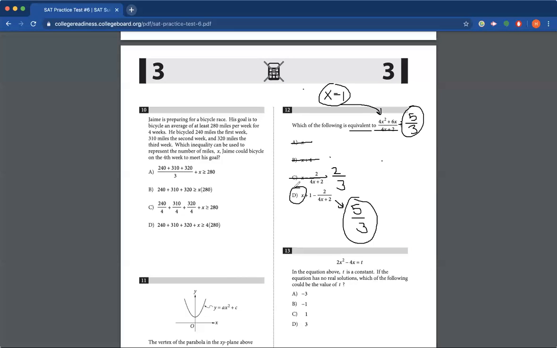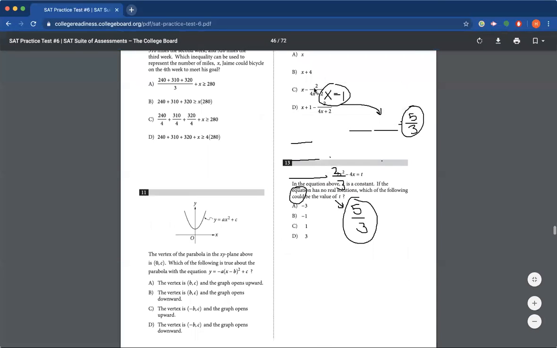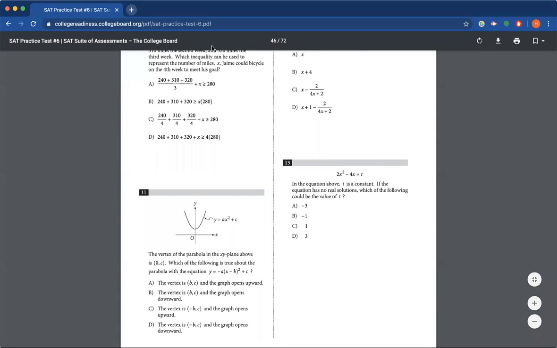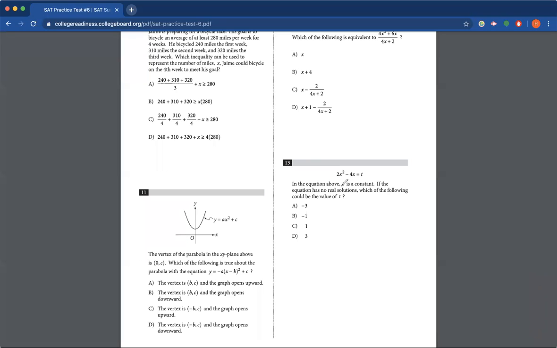13. Okay, equate the graph to use a constant. First, I want to make it like a normal quadratic equation, with everything equal to 0.